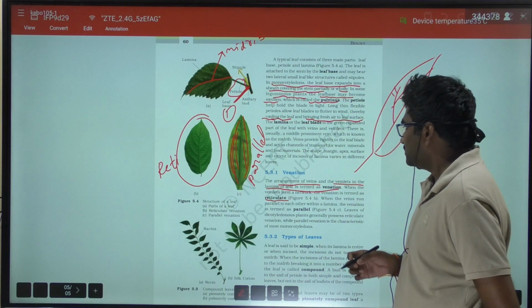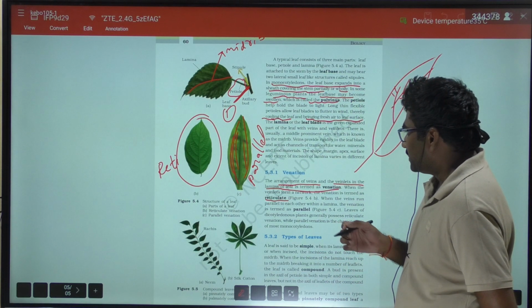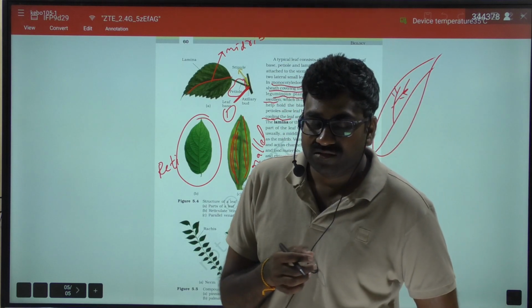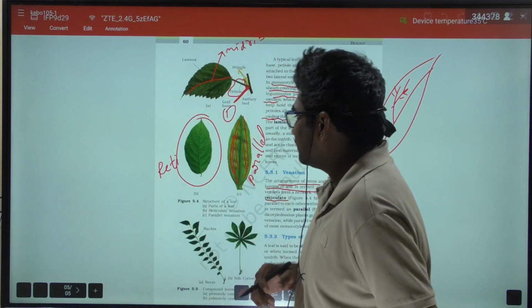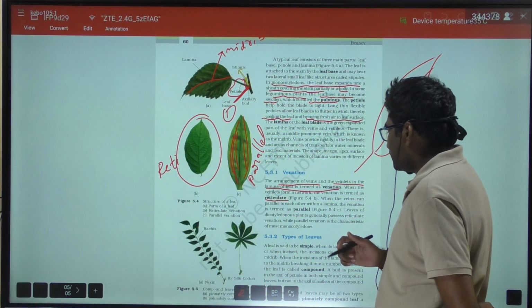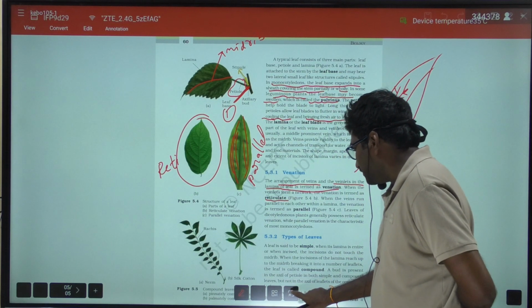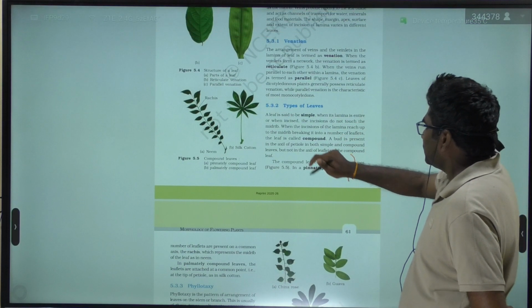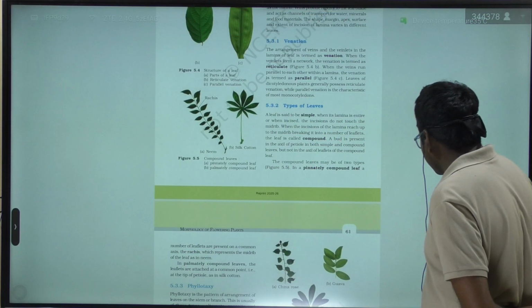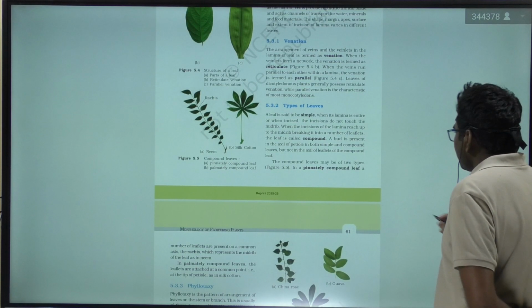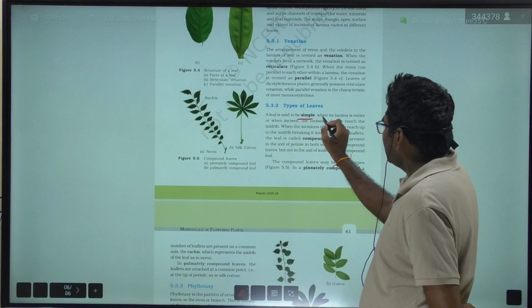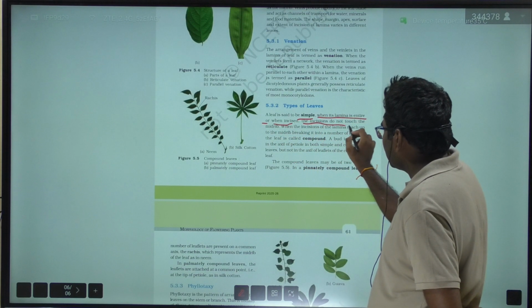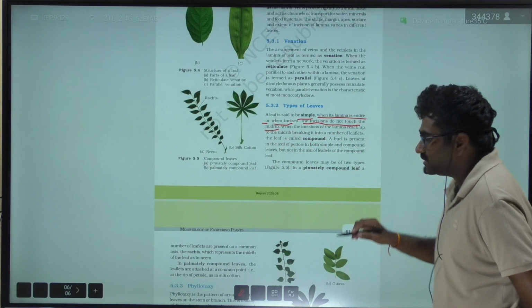So the shape, margin, apex, surface, and extent of incision of the lamina vary in different types of leaves. So simple leaves, compound leaves, different types of leaves are present. A leaf is said to be simple when its lamina is entire or when incised, the incisions do not touch the midrib.